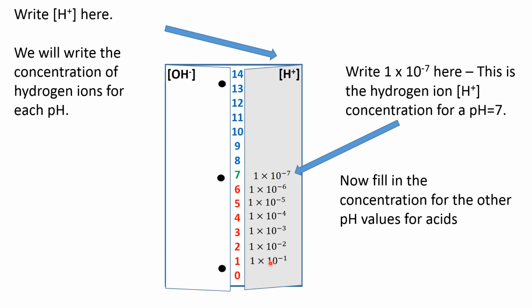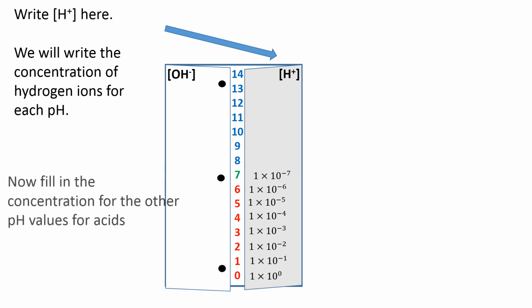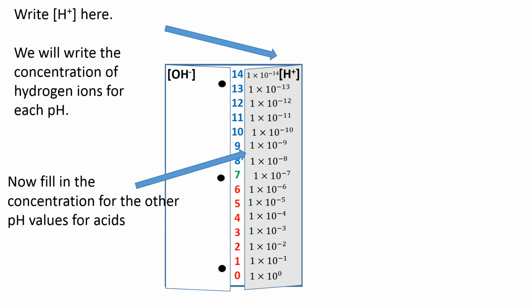If you see the trend here, you can imagine what the next one is, and that is 1. 1 times 10 to the 0 is 1. Anything raised to the 0 power is 1. Some people think it's 0, but it's not. Well, now that you know the trend, it should be pretty simple to fill in the top. The top part just goes up like this, all the way up to 1 times 10 to the negative 14.